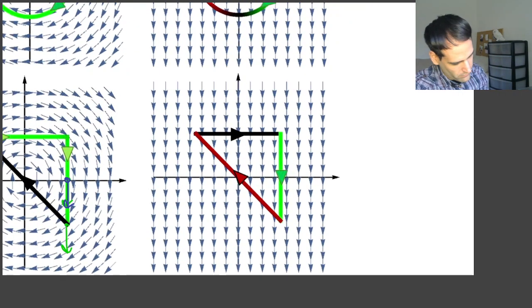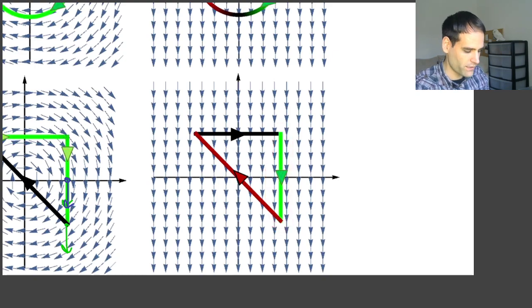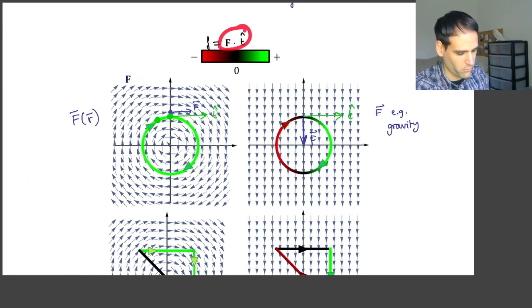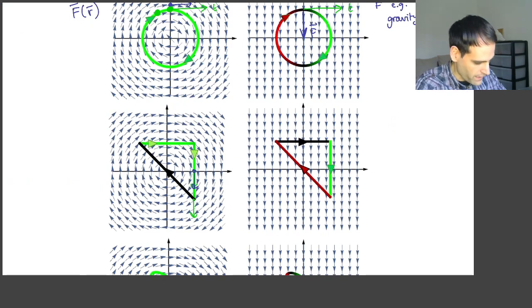In this example, we have the force of gravity and we have this triangular path. So along this path, f and the direction of travel are perfectly oriented. So we get a maximum, a positive value, which is also constant. So f dot t hat is positive and constant. So it's light green. Then here we're moving up at a certain angle.